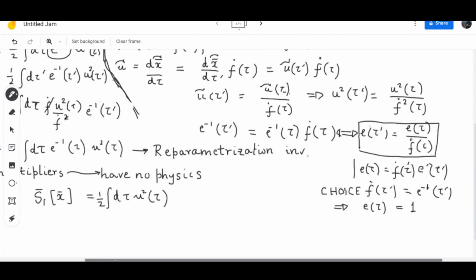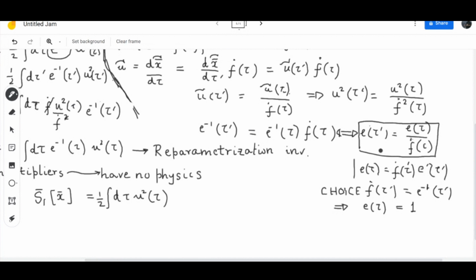So now we have indeed, with this choice, and that is why I decided to work this out for you, because it's not done anywhere. But we found that there is a kind of transformation law which allows me to choose this quantity E, because E is a Lagrange multiplier.